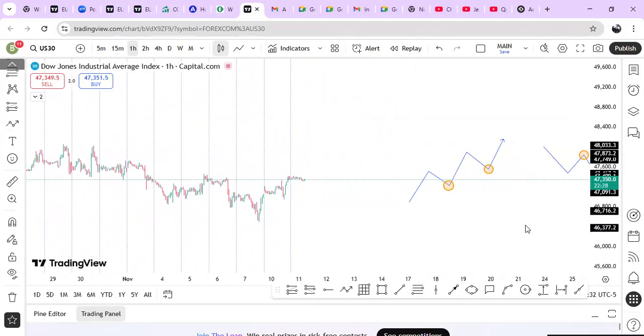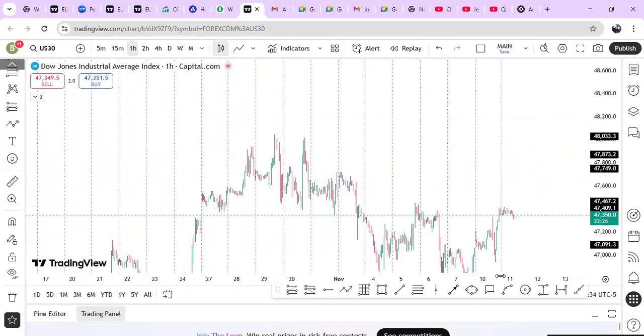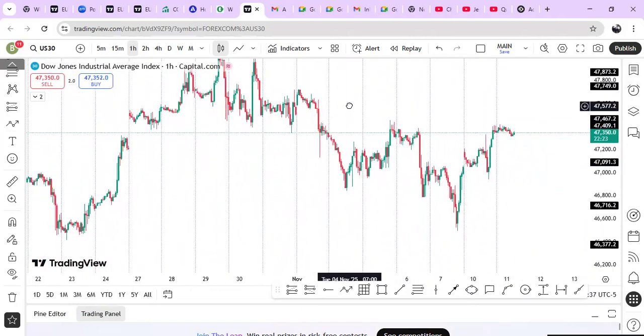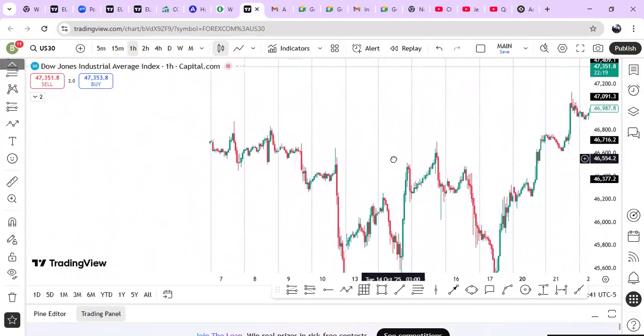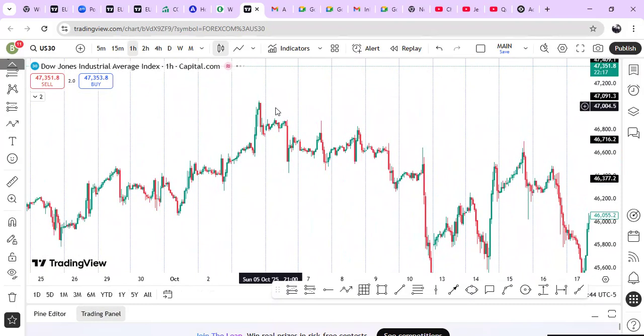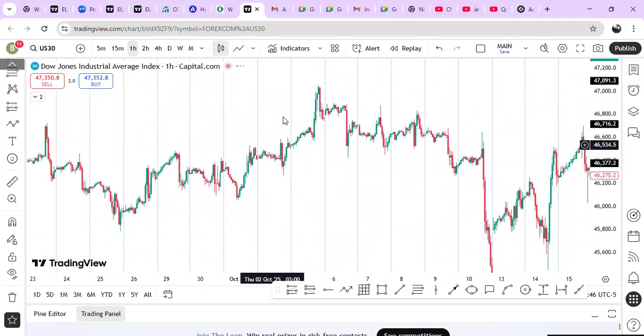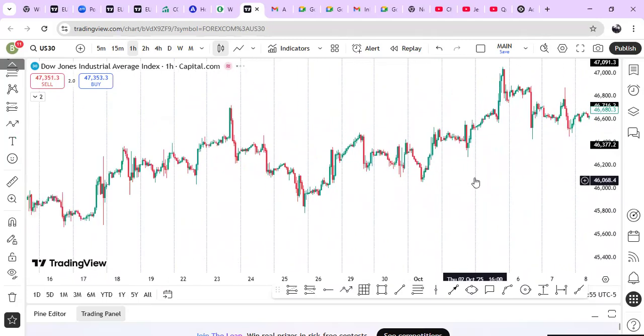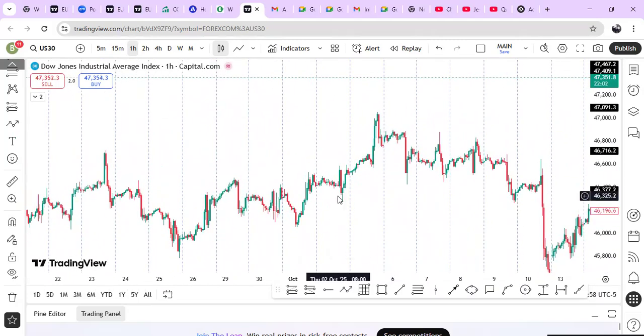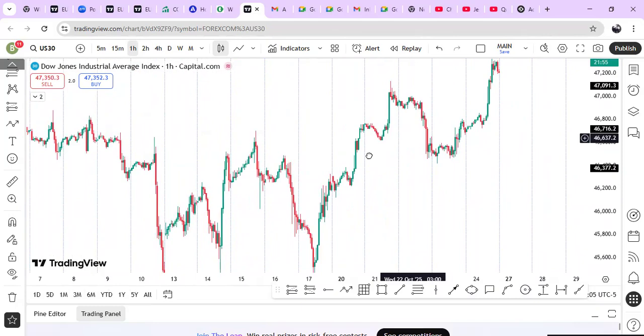So let's go to the chart and see. So if you see here now, we had a bullish market prior to now: impulse, correction, impulse, correction. Then now we have a selling market: impulsive push, correction, impulse. Here again, the same thing.